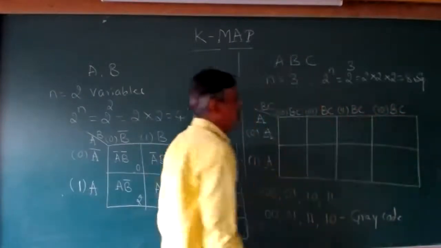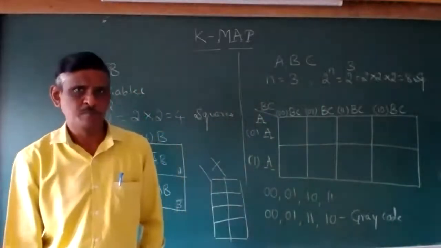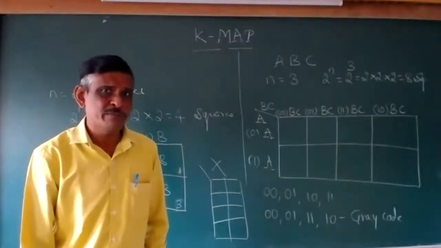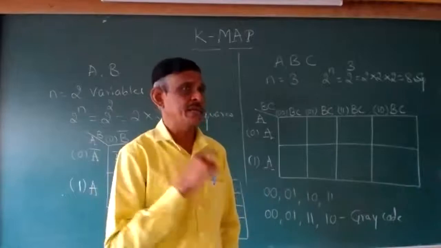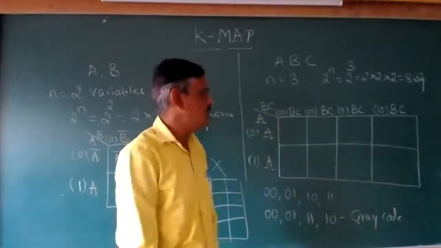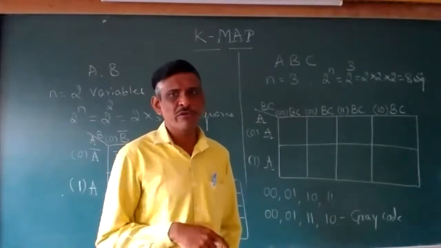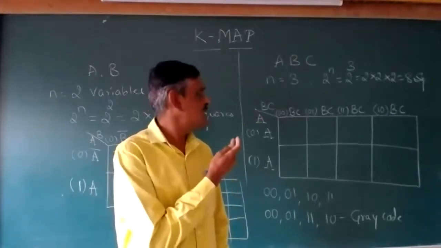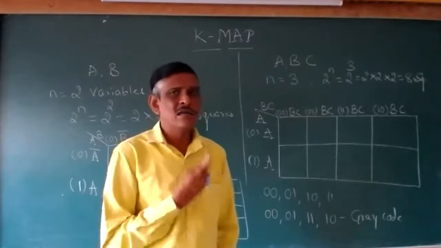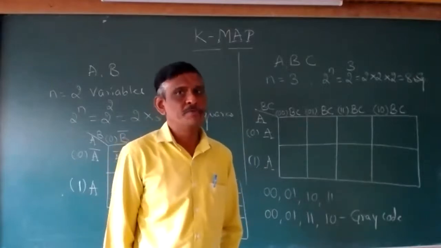This representation I call gray coding. Even though we are using binary numbers, the representation differs in the last 2 values, either for a column or even a row. We come to know about this in the 4 variable K-map.